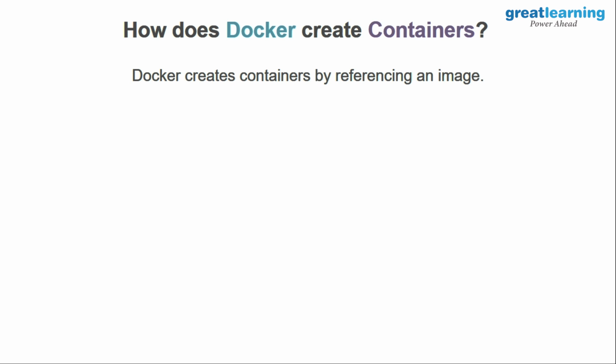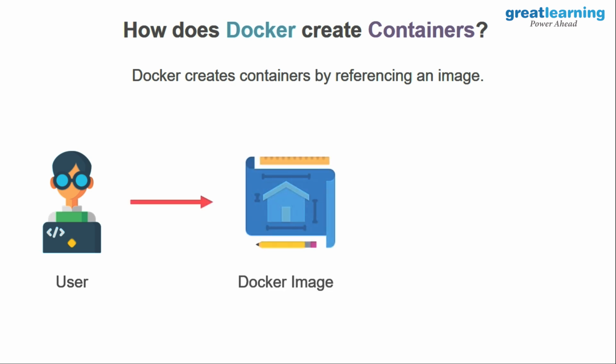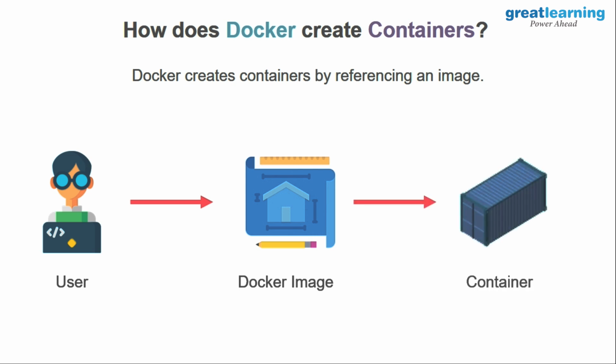So Docker images are the ones that define the different set of configurations that will be there inside of your container. Let's say that there is a user and they want to create a container. So how will they do it? To do that, they will take a Docker image and reference it when they are creating a container using the Docker CLI, the command line interface.